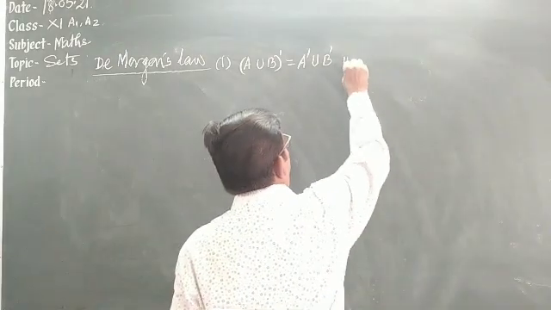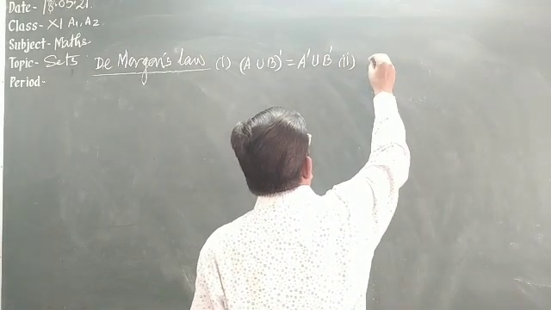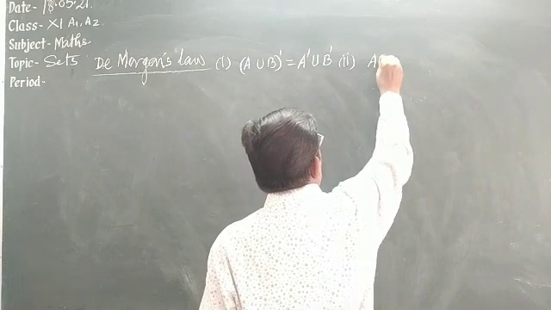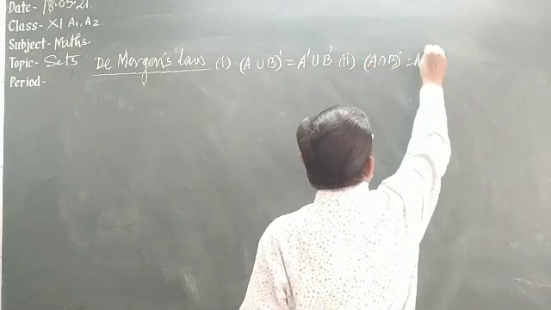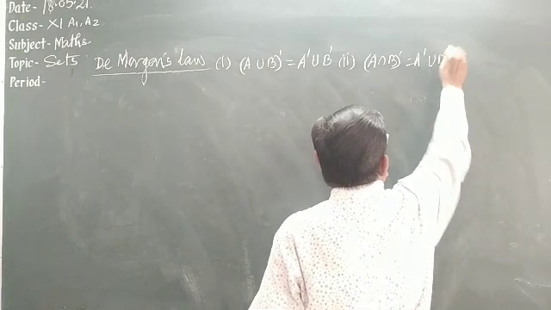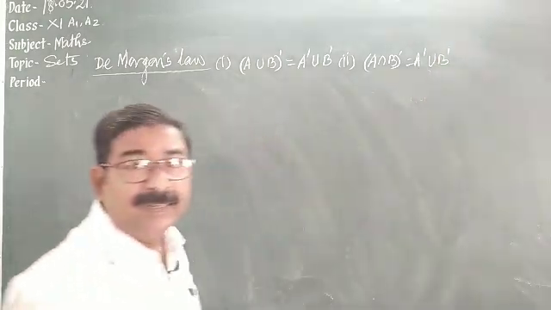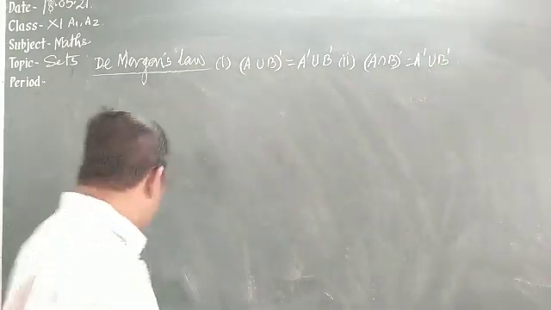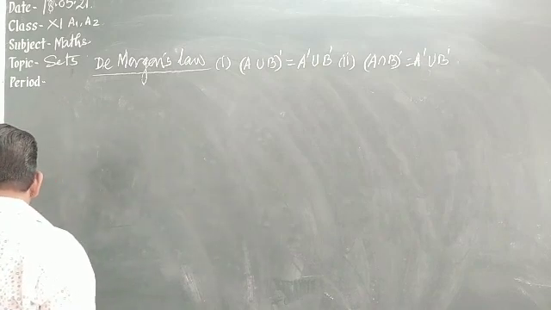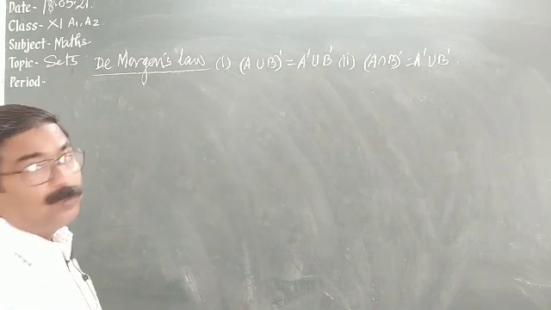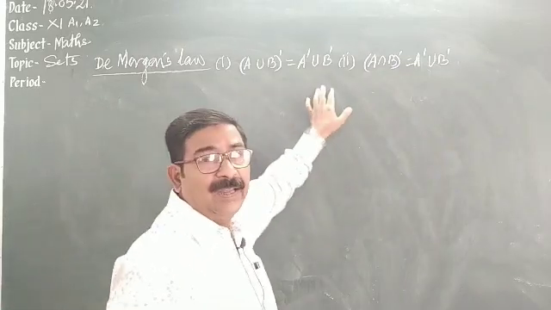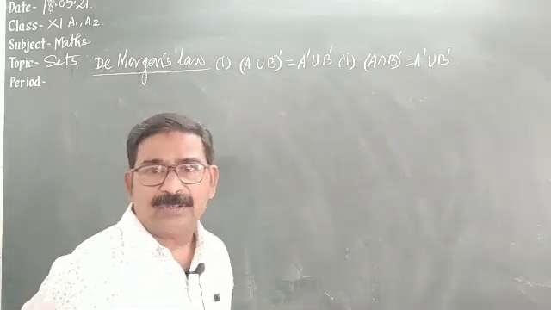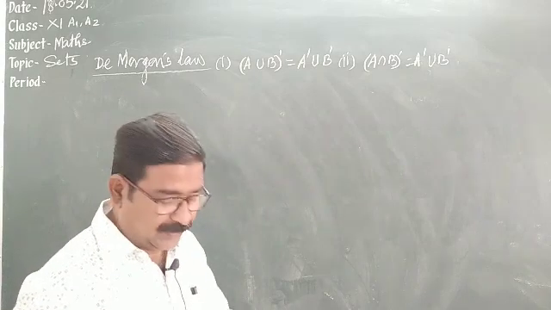And the second one is: A intersection B complement is A complement union B complement. These are De Morgan's laws. We have to prove this. So I will prove the first one, and the second one is parallel to the first. You can try yourself. Is it?